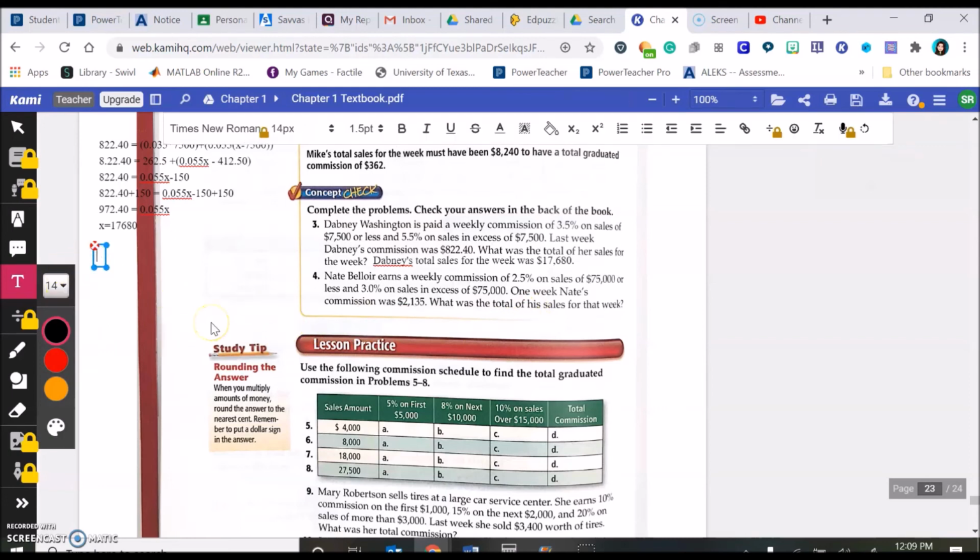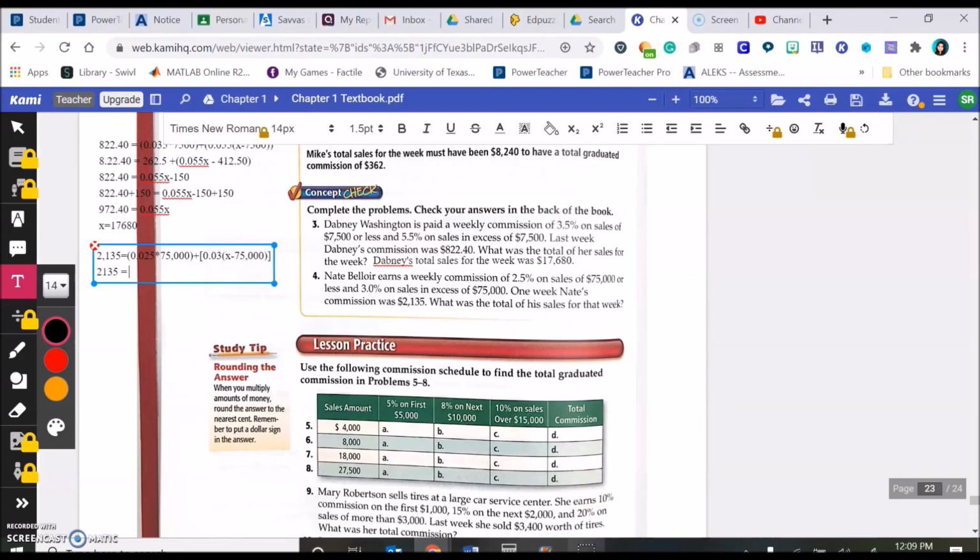So I'm going to do the same sort of thing. 2,135 equals 0.025 times 75,000 plus 0.03 times x minus 75,000.